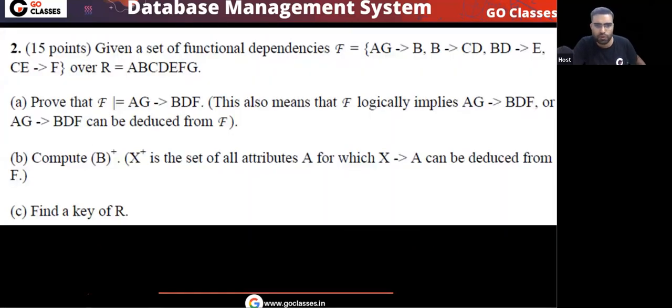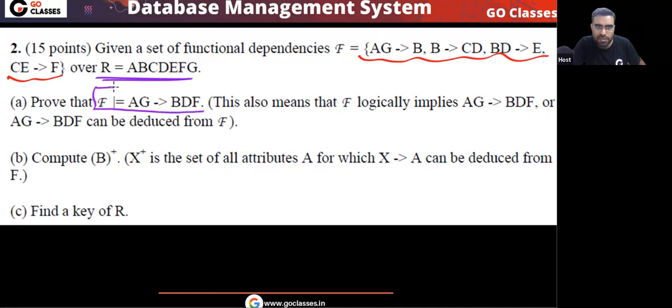Now, tell me the answer for this question. A set of functional dependencies is given to you over this relation. Prove that from this set of functional dependencies, this functional dependency you can derive. Did you understand this symbol?